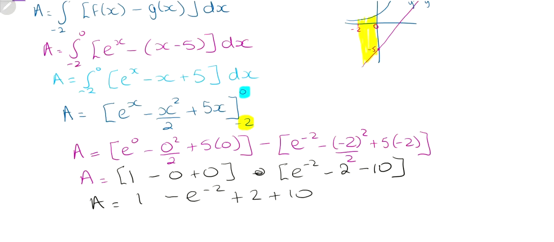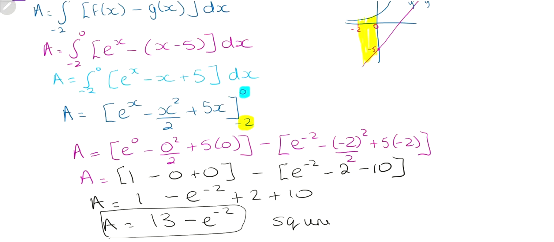Remember that these become positive. So this is going to give us a final area of 13 minus e^-2, and this would be in square units.